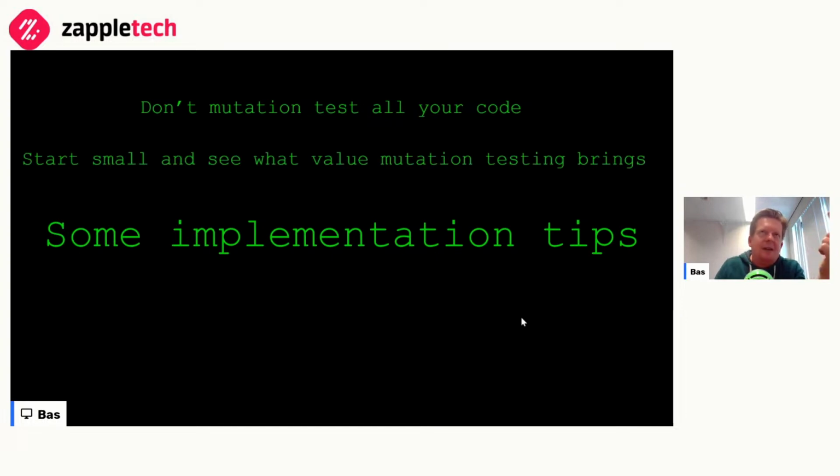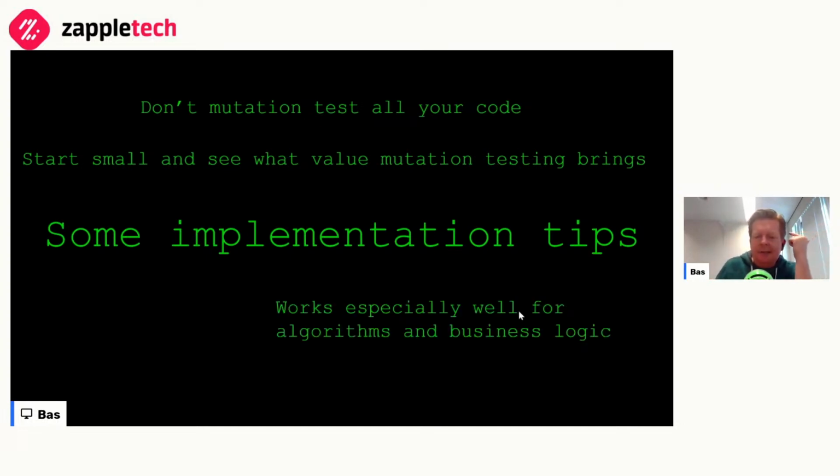So, like with so many things in software development and in life, just start with a tiny piece of your code. See what value mutation testing brings, and then learn from that. Keep what's good, throw away what's bad, and increase your efforts.